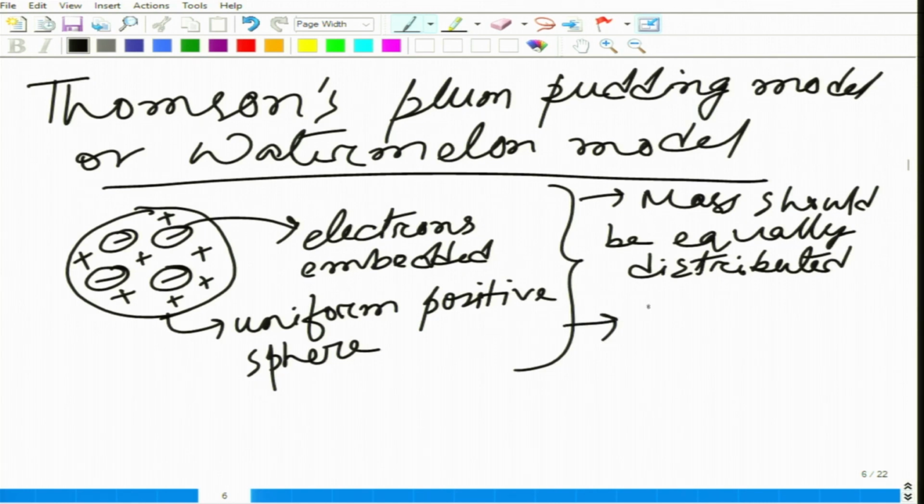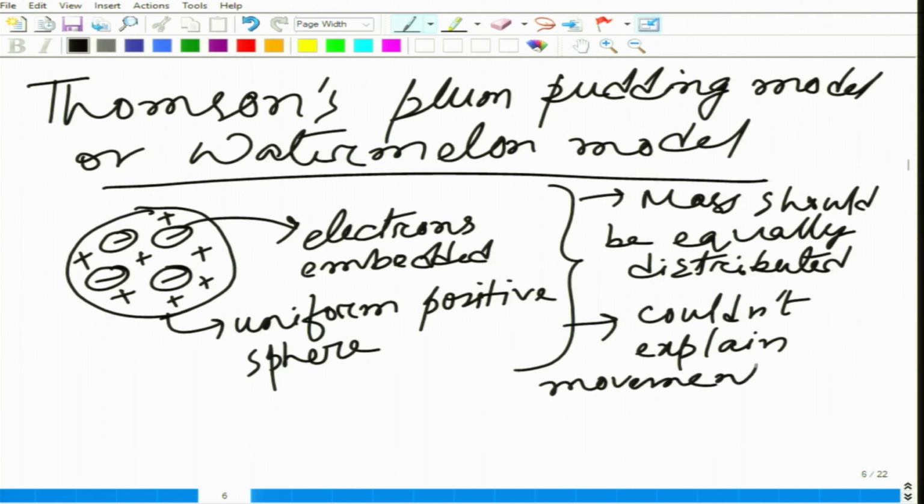Also, it couldn't explain the movement of electrons. Although Thomson himself had discovered electrons, this model couldn't explain their movement.